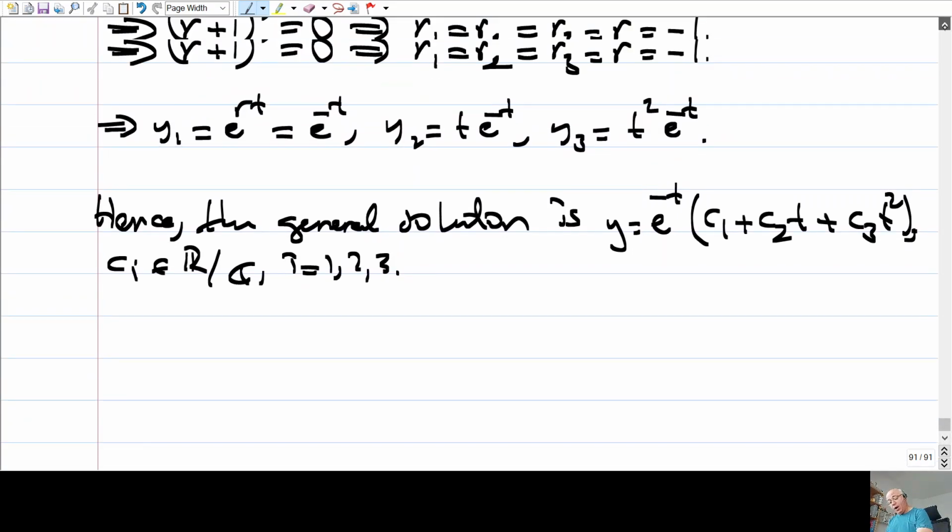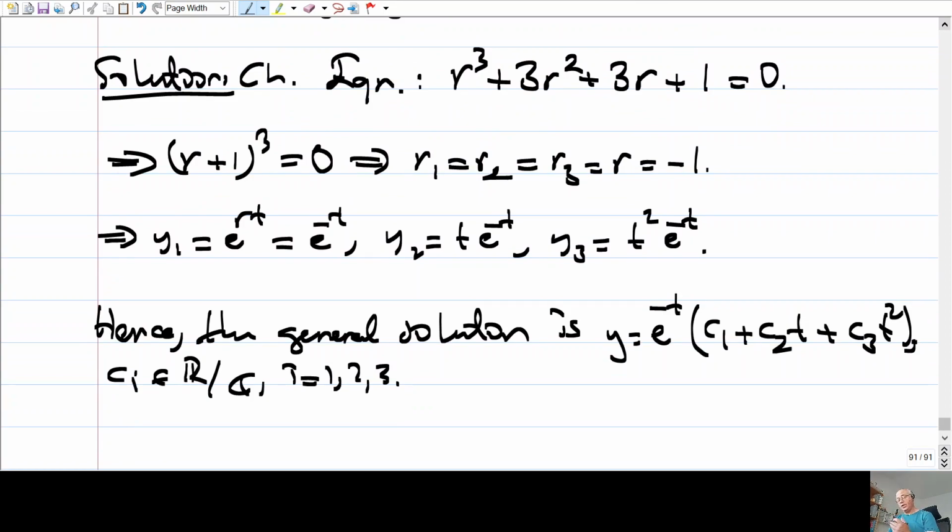So, constant coefficient homogeneous equations are solved this way. You write down the characteristic equation, you look at the roots, whether they are repeated or not, you write down the solutions corresponding to the roots, and then you take their linear combination.